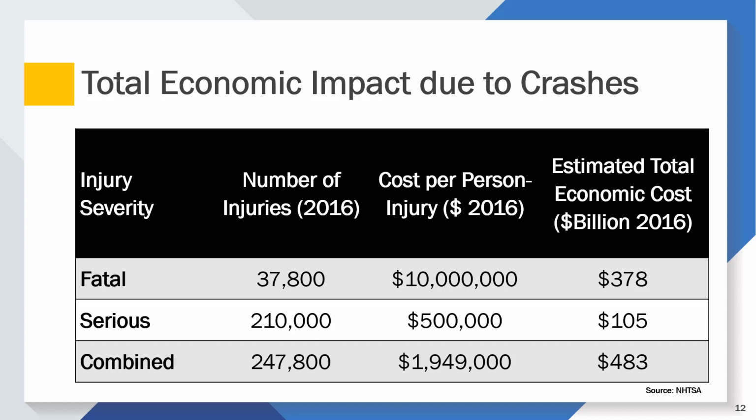You can estimate the total economic impact of those injuries by multiplying the number of each severity by the average person injury costs. If you apply 2016 costs of $10 million per fatal injury and $500,000 per serious injury, you would estimate a total economic burden of $483 billion.